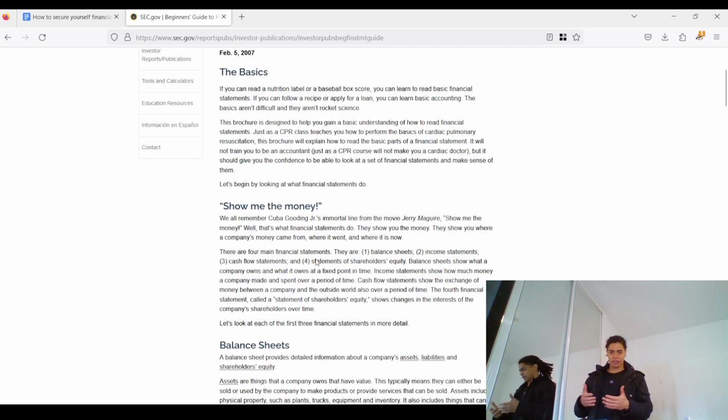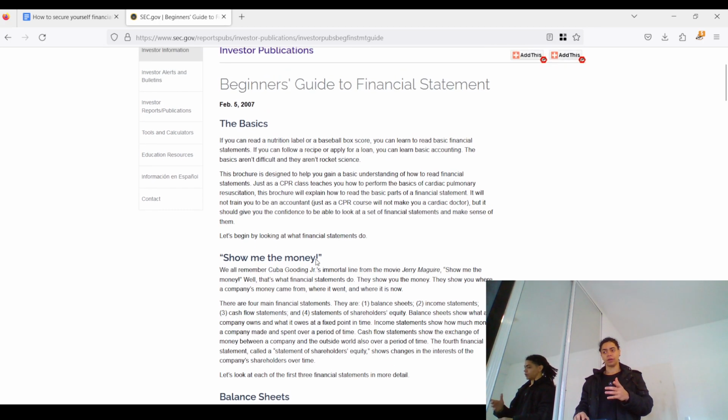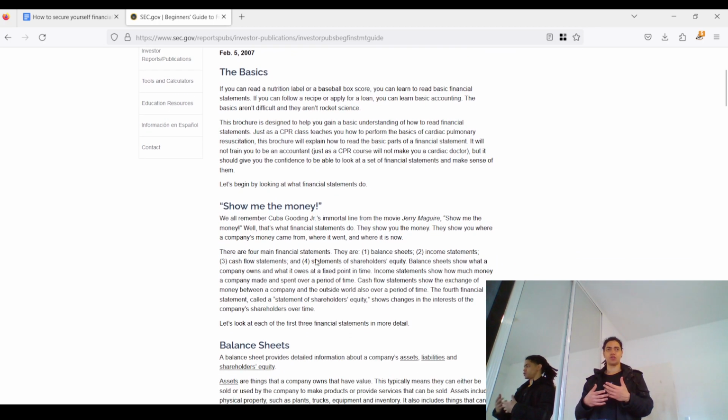So first, it describes what a financial statement is. After all, they show you the money, period. And you have four types of financial statements: the balance sheet, which shows what a company owns and what it owes at a fixed point in time.